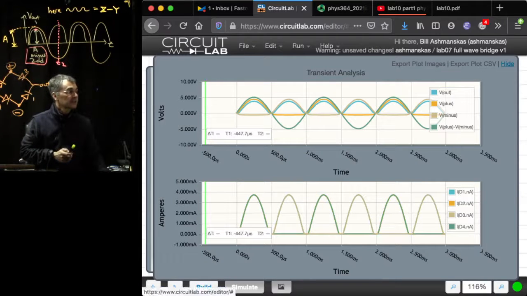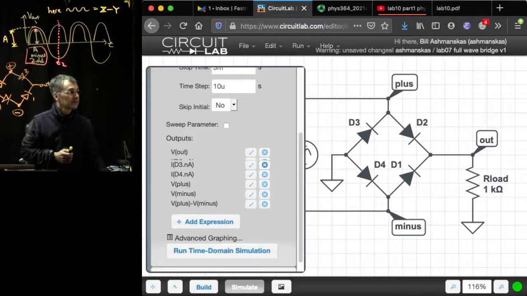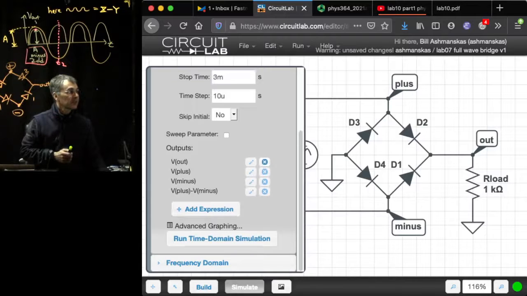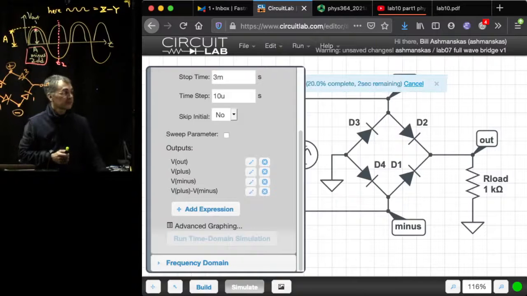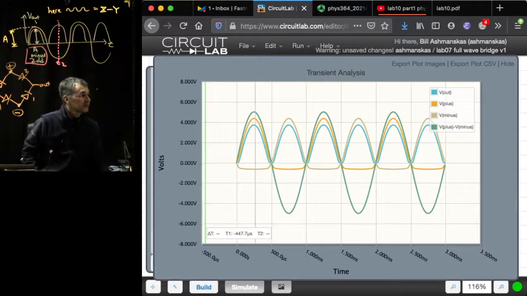So now let me go back here and get rid of the currents, and then we can get a bigger picture of the voltages. Okay, so now we look at the voltages here, and we see who's who.